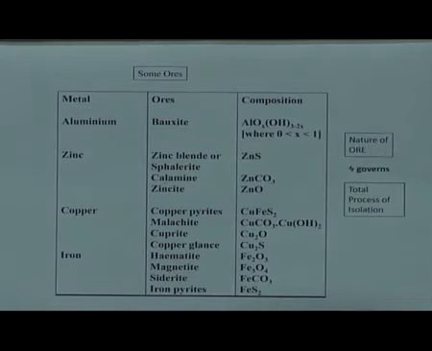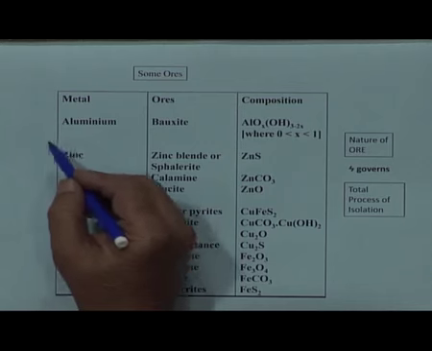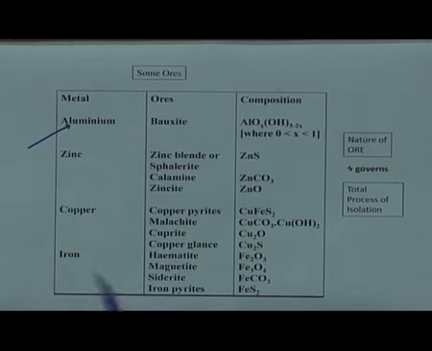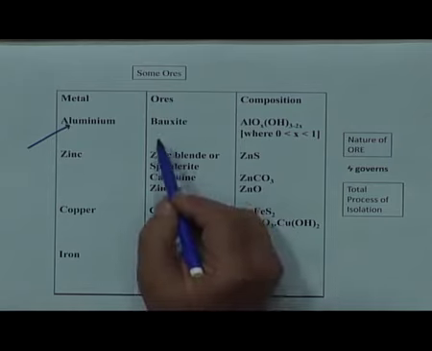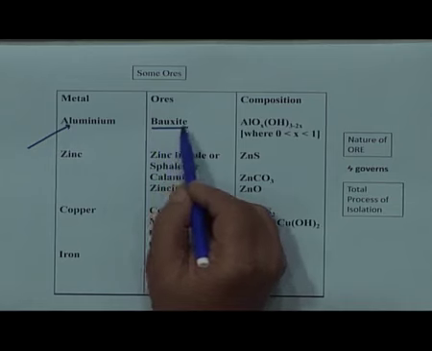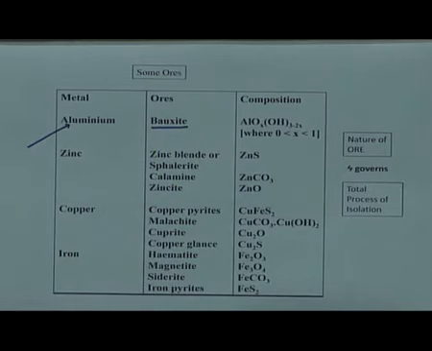Now, let me give you examples of some common metals and their ores. Aluminium is a very common metal. We use it for various purposes, electrical wire, utensils. Its major ore is bauxite. Zinc is another very important metal.